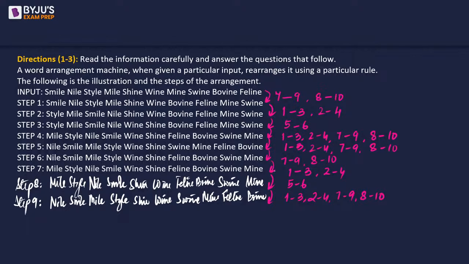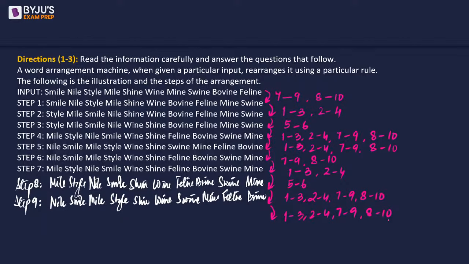After that, what should happen again? Looking at the pattern, now we should have another exchange of 7, 9, 8, 10, 1, 3, 2, 4, 5, 6, and then again we will have 1, 3, 2, 4, 7, 9, 8 and 10, right?